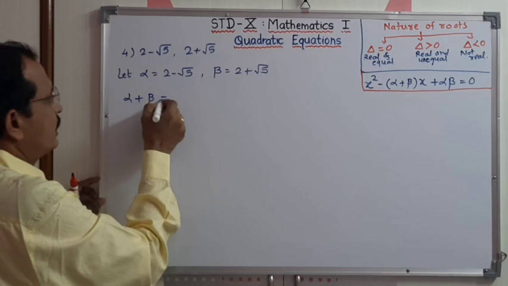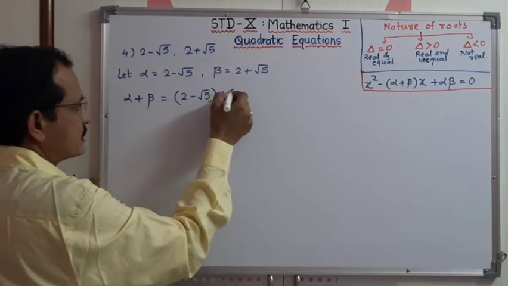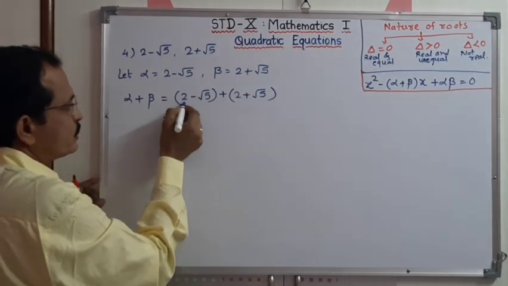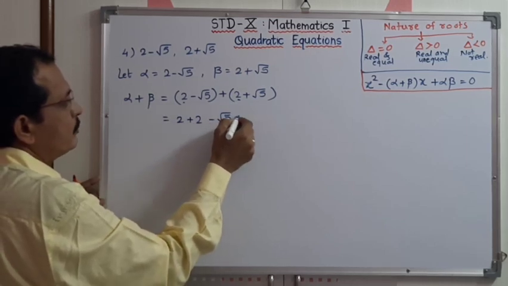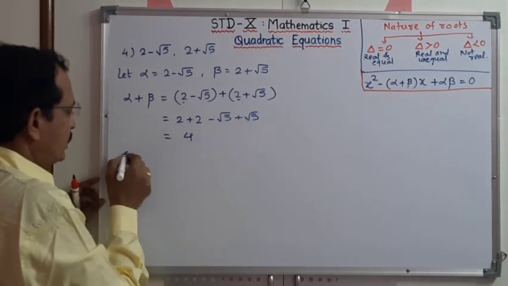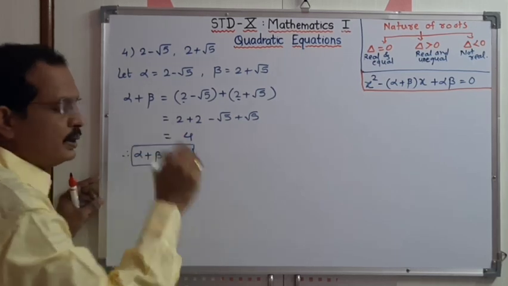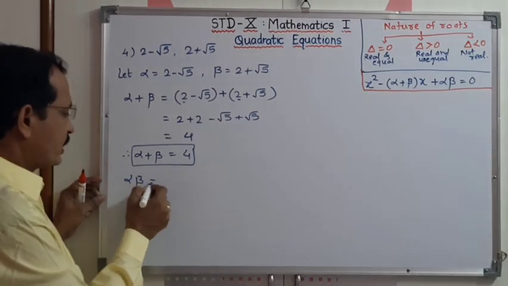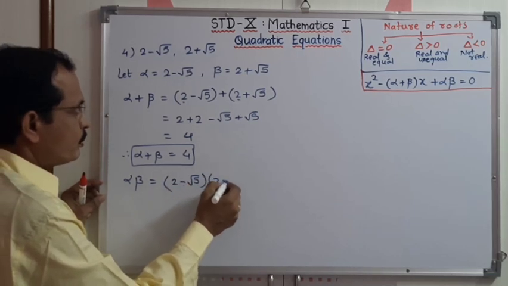Alpha plus beta is equal to 2 minus root 5 plus 2 plus root 5. Now see this 2 and this 2. It is 2 plus 2 minus root 5 plus root 5. Therefore it is 4 and this is 0. Therefore alpha plus beta is equal to 4. Now we have to find out alpha into beta. Alpha into beta is equal to 2 minus root 5 into 2 plus root 5.